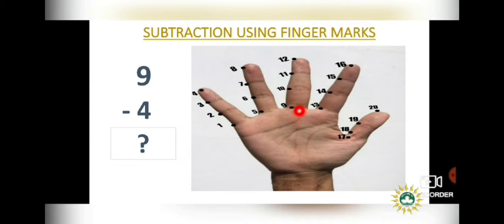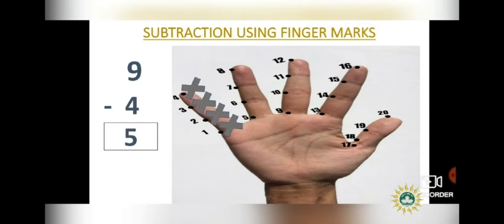So now from these finger marks, we have to subtract 4 finger marks. So let's cross out 4 finger marks from here. 1, 2, 3, 4. Now to get the answer how much is 9 minus 4, we will start counting from here till here. Why?